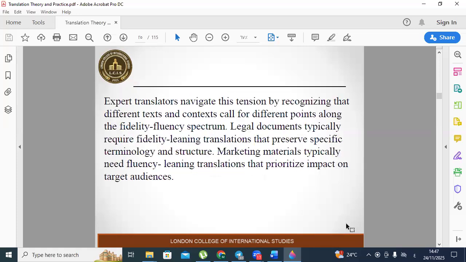Expert translators navigate this tension by recognizing that different texts and contexts call for different points along the fidelity-fluency spectrum. Legal documents typically require fidelity-leaning translation that preserves specific terminology and structure. Marketing materials typically need fluency-leaning translation that prioritizes impact on target audiences.